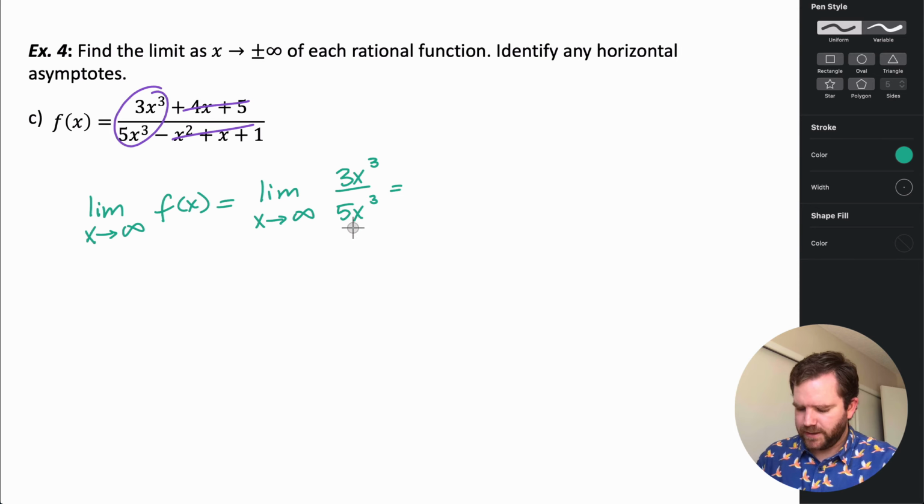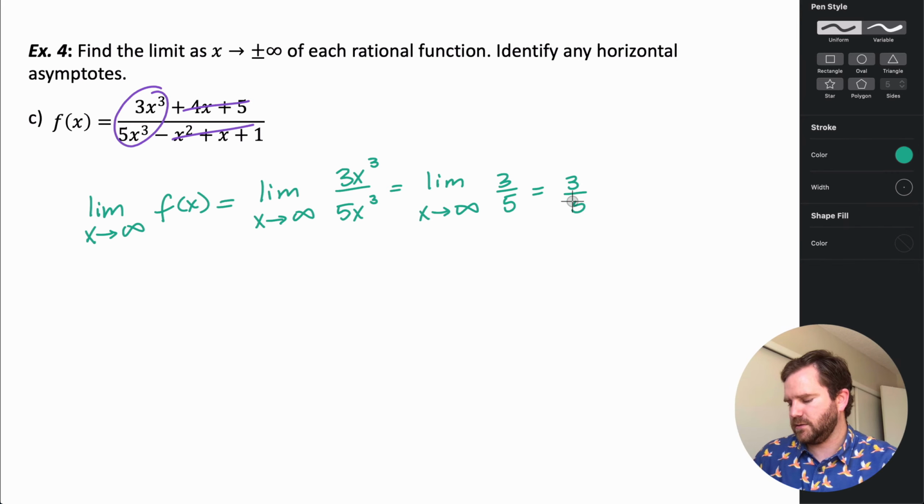If we reduce this, we end up seeing that it's the limit as x goes to infinity of 3/5. And the limit of a constant we know is just a constant. So that rule basically says if you have the same degree in top and bottom, you just take the quotient of the highest degree terms.